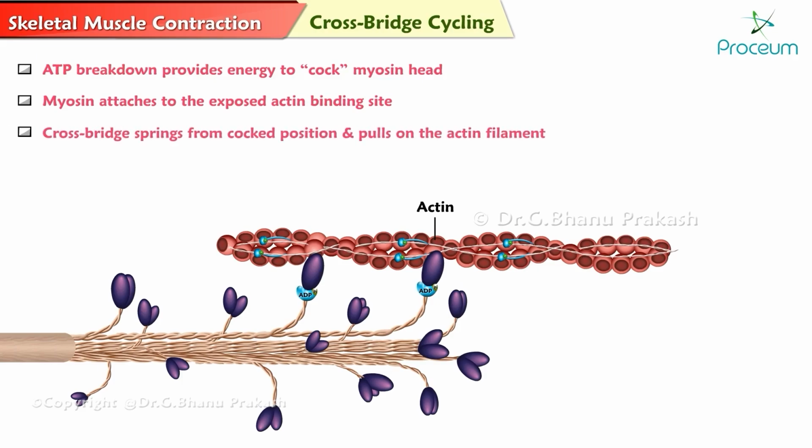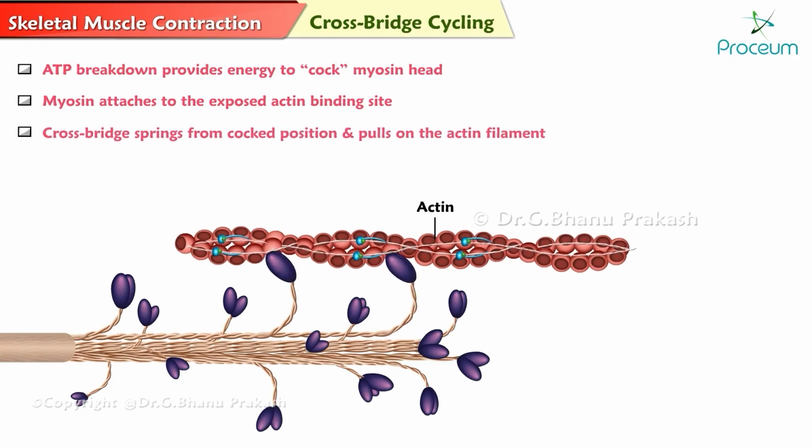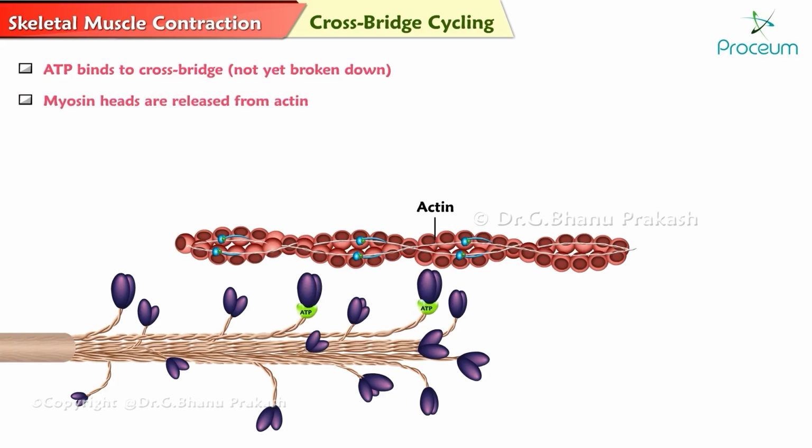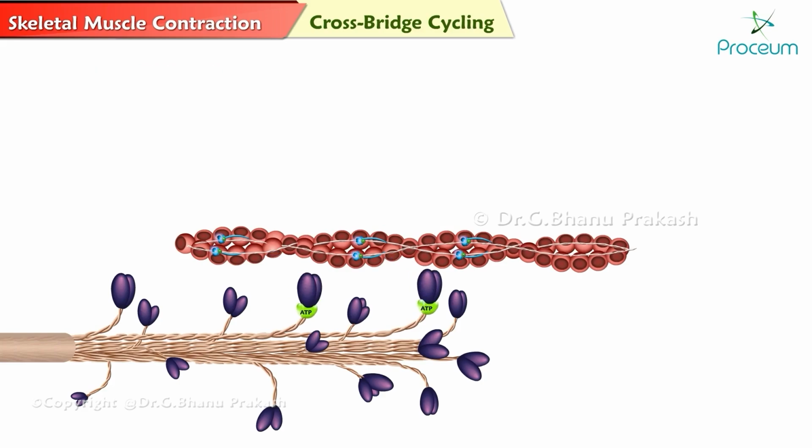Cross-bridge springs from the cocked position and pulls on the actin filament. The cross bridges break, and ATP binds to the cross-bridge but is not yet broken down. The myosin heads are released from actin. As long as calcium ions are present, this continues until the muscle fiber is fully contracted.